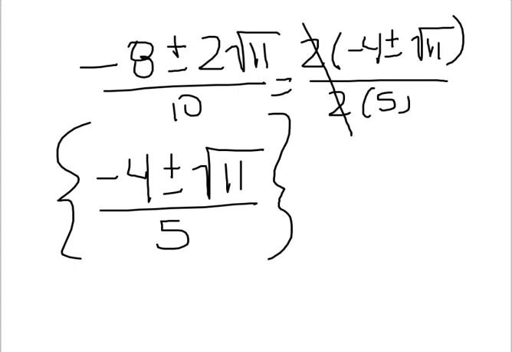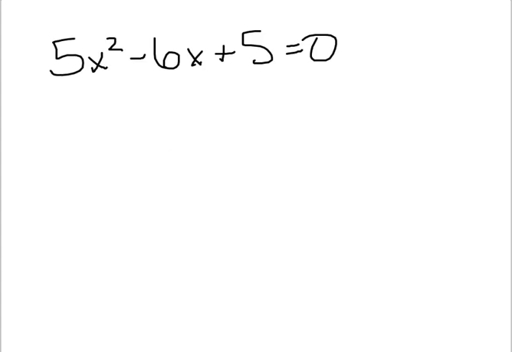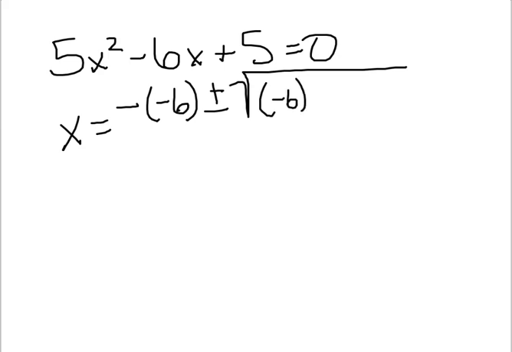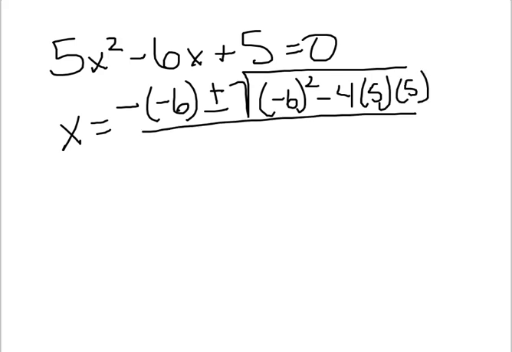Alright, one last problem. What if I have 5x squared minus 6x plus 5 equals 0? Well, x equals negative b plus or minus square root of b squared minus 4ac all over 2a. And I, my friends, made a mistake when I copied this down, and that should be negative, as should that.